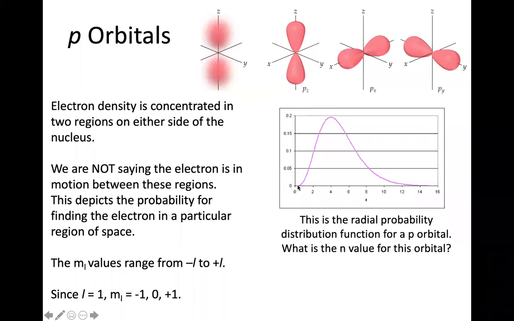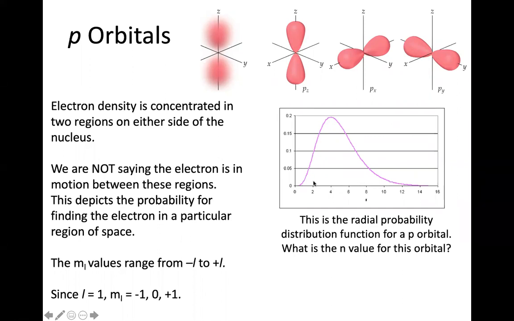As I move away from the center, it becomes more probable where I would find it. If it helps your visualization, let's say that this is aligned along this particular y-axis. At the nucleus right here, at the center, on the leftmost side, there's no probability of finding it. As I'm moving further away from that, the probability increases.